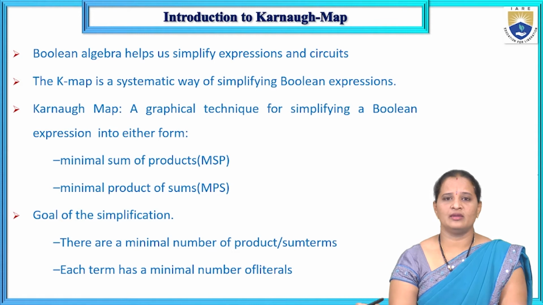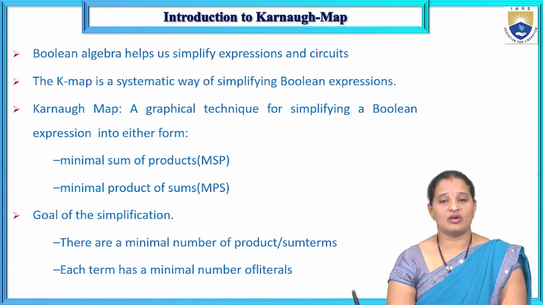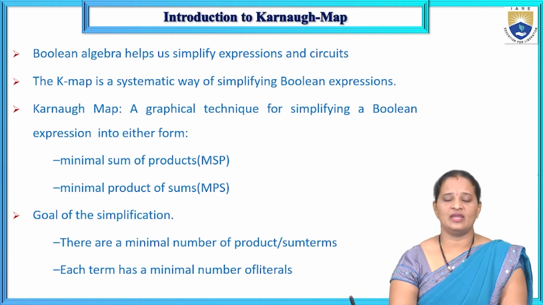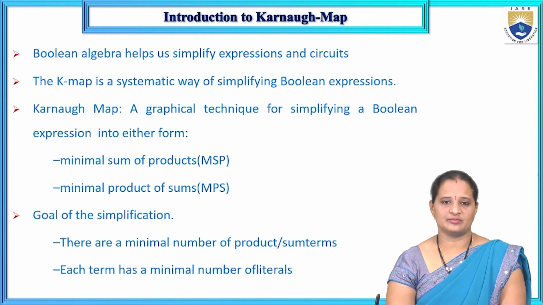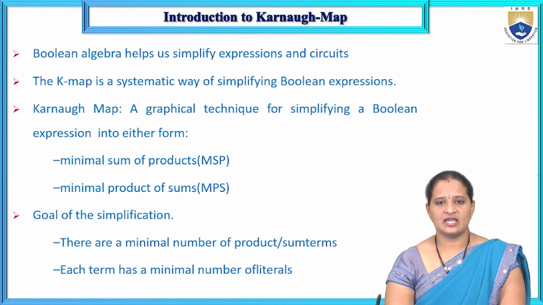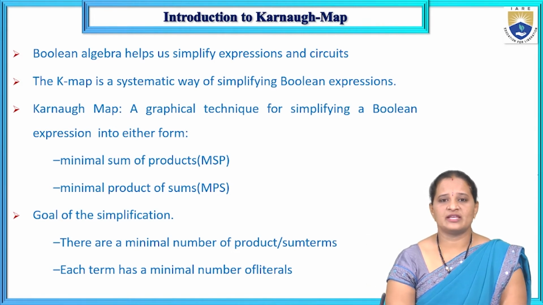We need to apply the Boolean algebraic postulates and theorems randomly to get the simplified expression. So that is the major drawback. As we don't have any systematic approach, the simplified expression may not be unique.